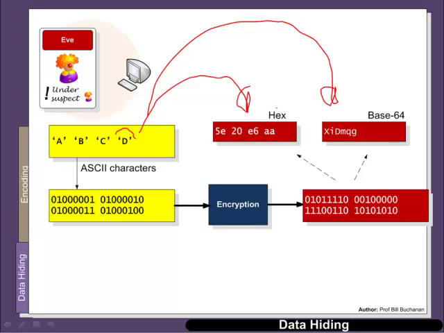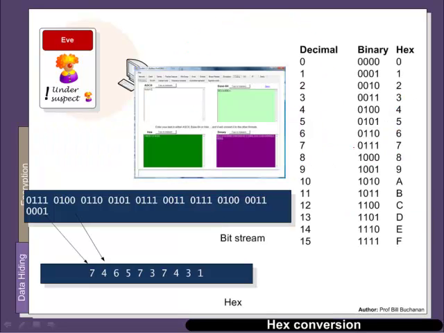These formats make it fairly easy to interpret binary information and also to send that information in a text format. So in this case we could have an encryption process, and then we have a bit stream, and it's fairly easy for the system to convert that into hex or base64.